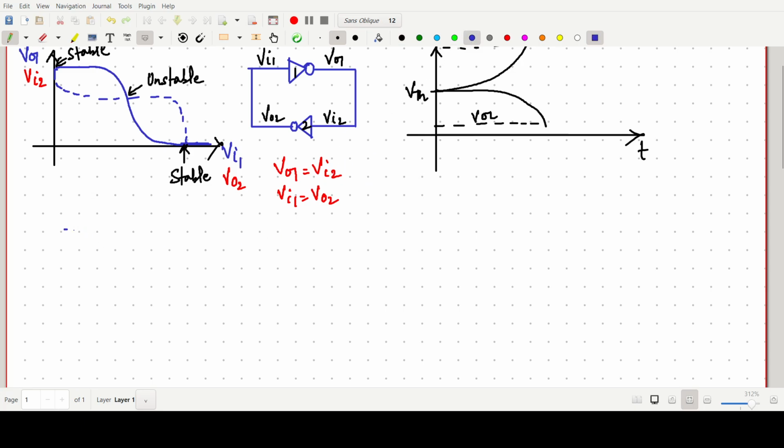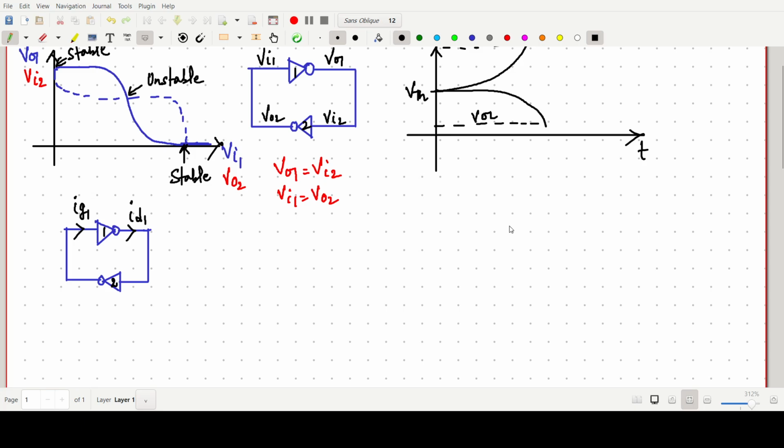For this purpose, I am again going to draw the bistable circuit, in which this one is our inverter 1 and inverter 2, and we are assuming that through inverter 1 we are giving some current Ig1, and we are getting some current ID1.